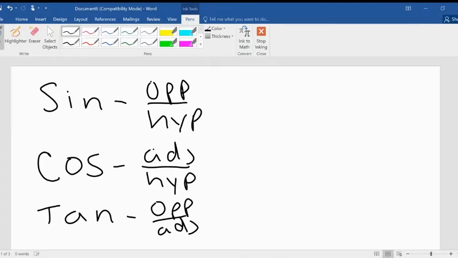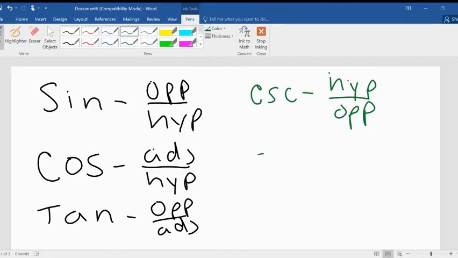Now there are three other ratios, and they are the reciprocals of the first three. You have cosecant, which is CSC, and that's just the reciprocal of sine, so that is hypotenuse over opposite.